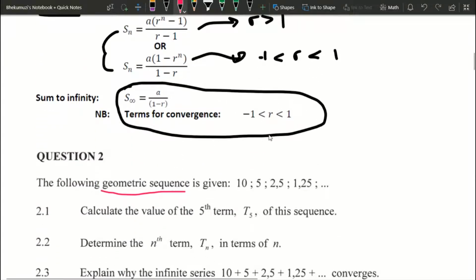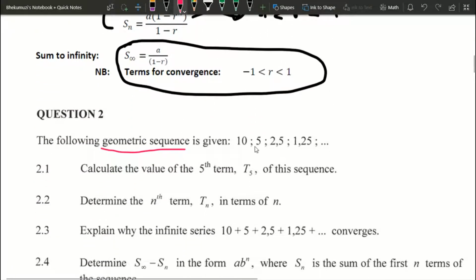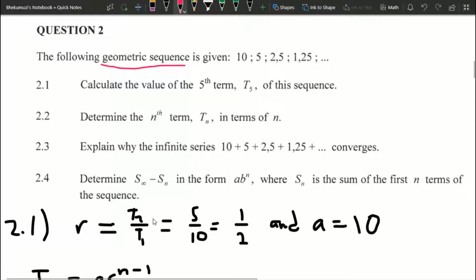But it doesn't have to be T2 over T1. It can also be T3 divided by T2 or T4 over T3, right? It has to just be two consecutive terms that you're dividing to give you your r. Now, when you do that, what do we get? I took T2 over T1, and that's 5 over 10, and that's just half, right?